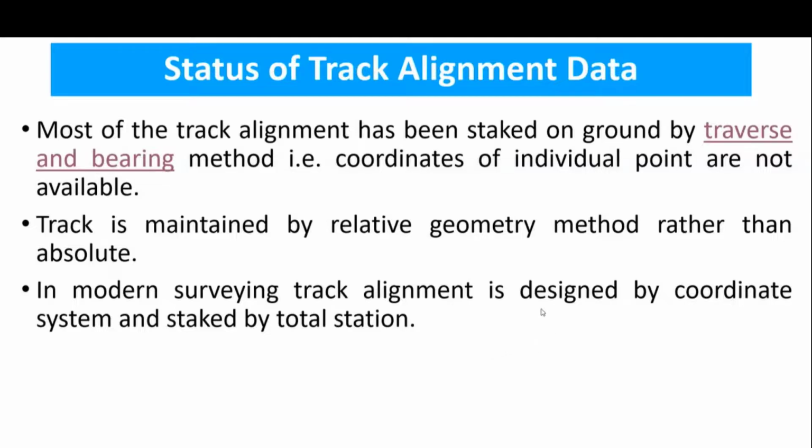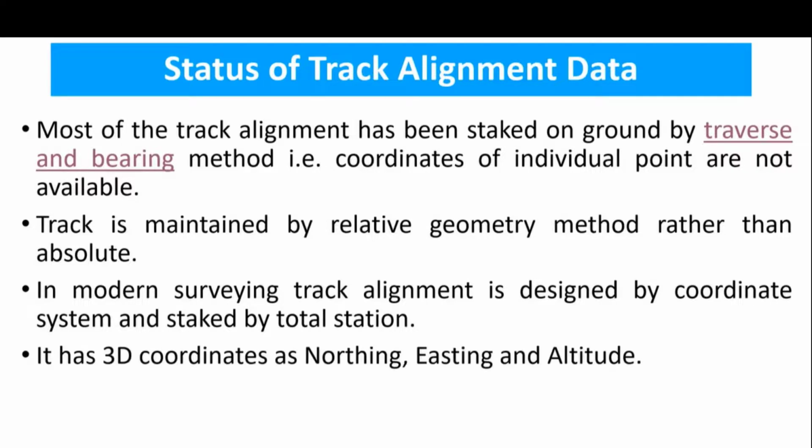In the modern survey, as you have already been exposed to, the system is based on coordinates, and the alignment is staked out by the total station. It has 3D coordinates: northing, easting and altitude.